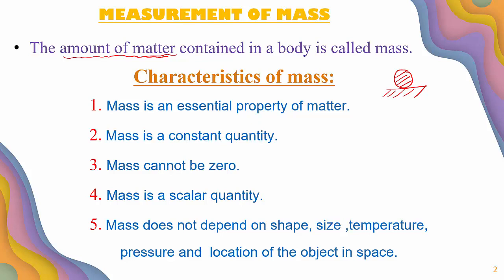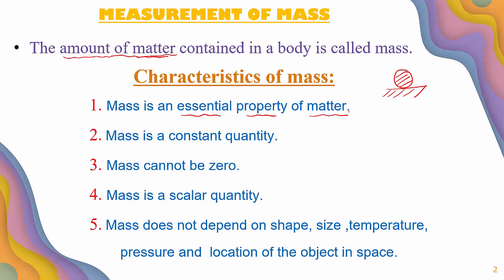Now we can observe the characteristics of mass. So I have given the 5 important characteristics of mass. You can observe the first characteristic, that is mass is an essential property of matter.